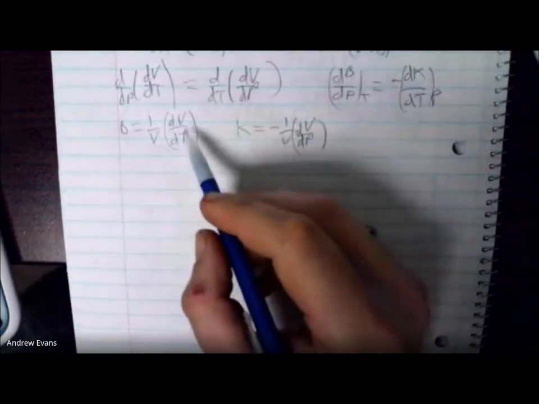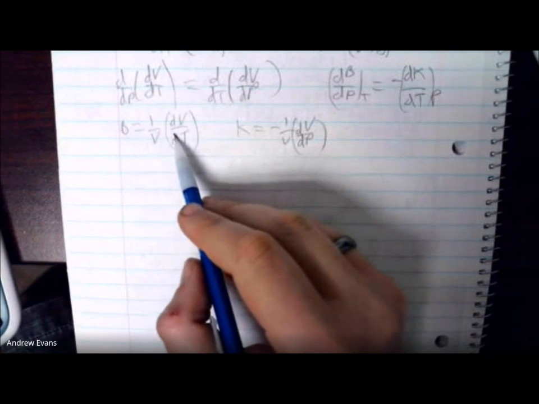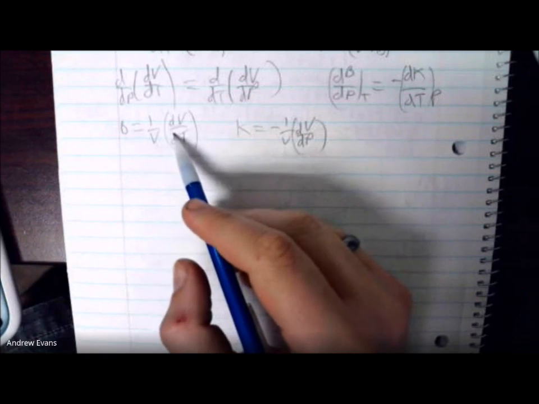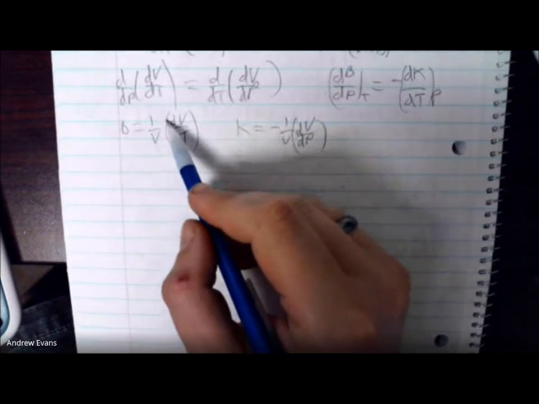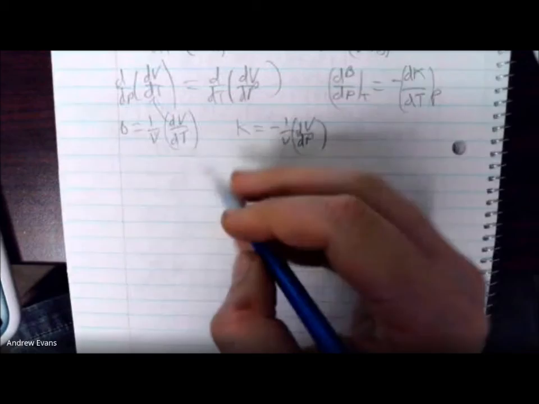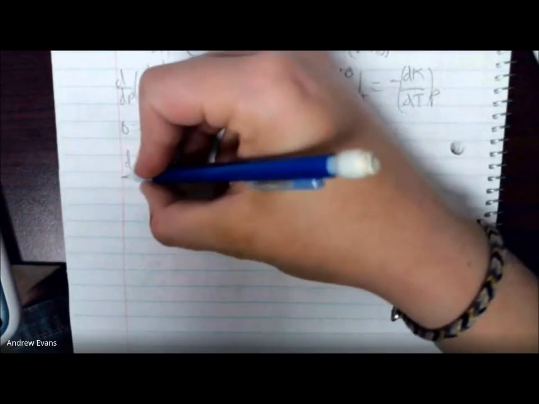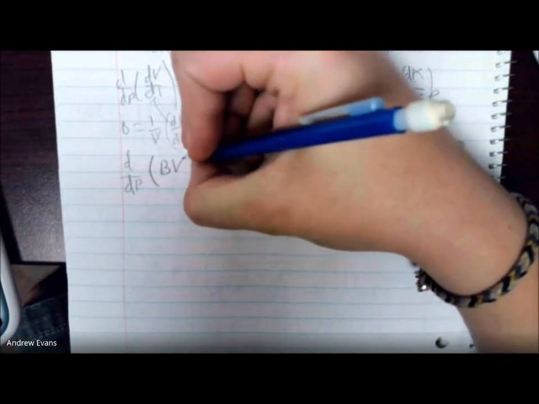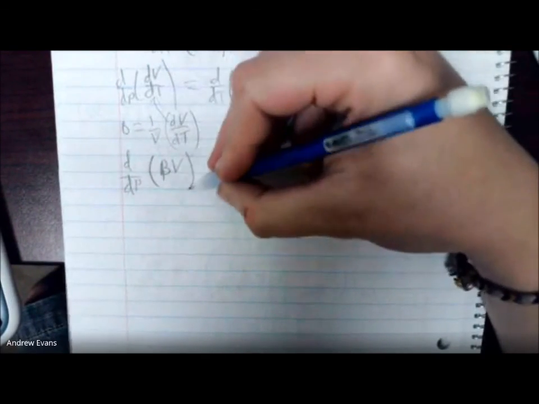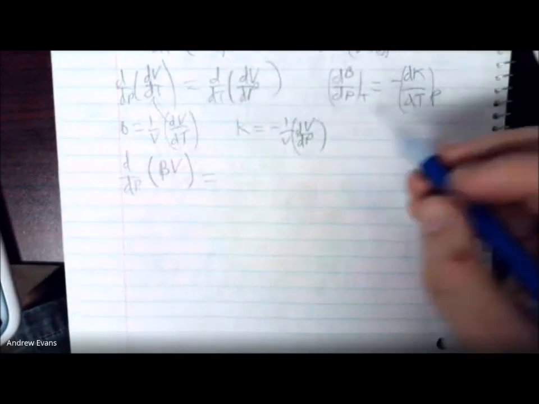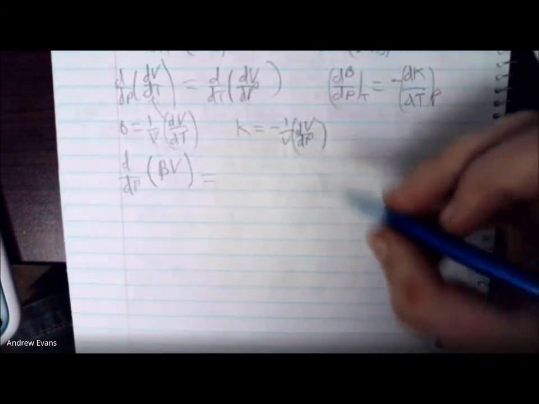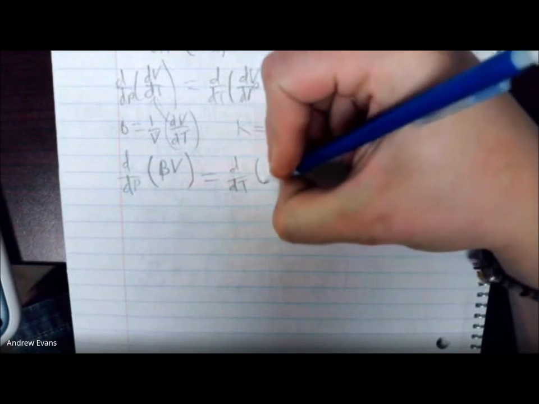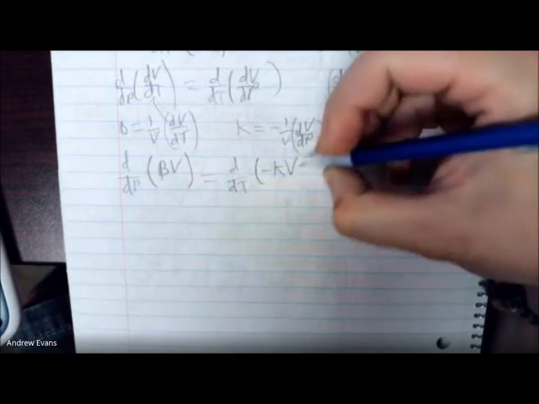So real quick, from here, if I want to exchange this for this, this is going to be d over dP of beta volume. And this, once again, is going to be d over dT of negative kappa volume.